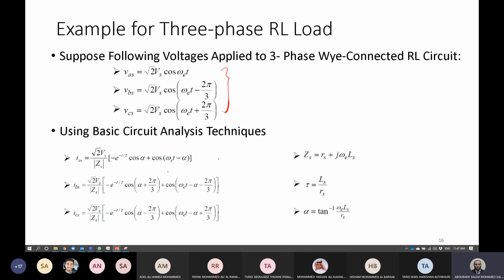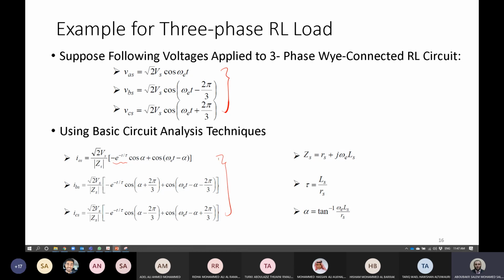So the final equation of currents will be like that. One part depends on the exponential, which is due to transient, and the other part is due to steady state. So finally, this will be the three-phase currents. We are not going to derive these in detail, but this is just to understand the idea.